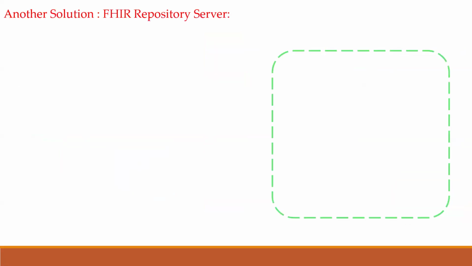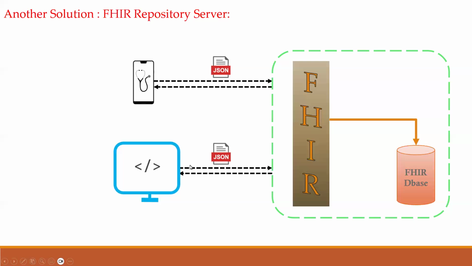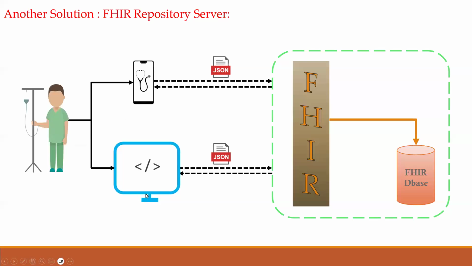Now in this case, in the FHIR repository server aspect, you will have a dedicated FHIR database, meaning the data from the EHR database is converted to JSON objects and directly stored in the FHIR database. And this FHIR database again interacts with the FHIR server layer and then performs the exchange with external entities like mobile apps and desktop apps.